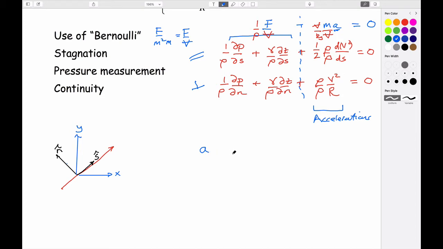So let me just change that. Acceleration, rather, is equal to the acceleration along a streamline multiplied by the vector s plus the acceleration normal to the streamline multiplied by the vector n.